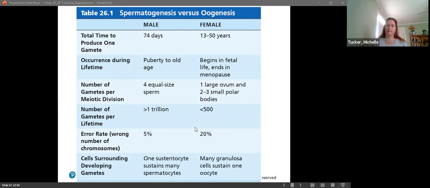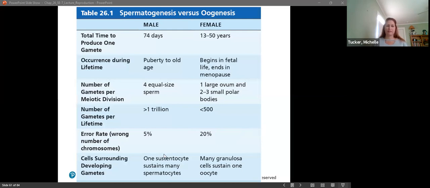For the majority, if the error is large enough, the pregnancy won't continue. The development of that zygote won't be functional. There are some chromosome abnormalities that will result in a viable fetus, but the majority of them will not.